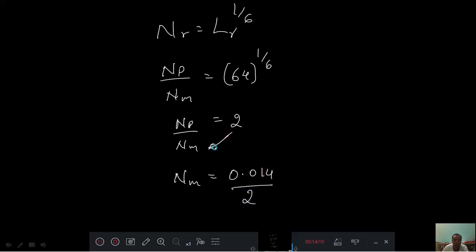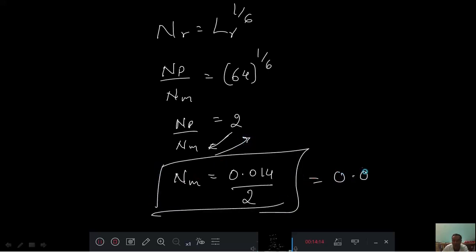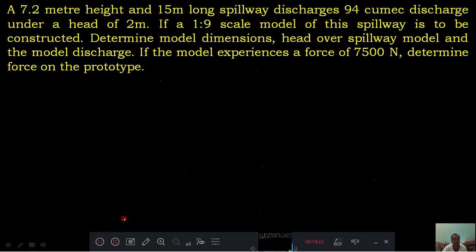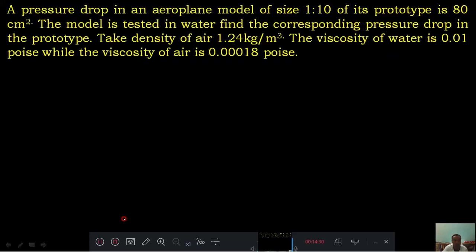This comes here and this comes here. Therefore the answer is 0.007. Okay, problem solved. Now this problem you do it. I have told you everything, how to do the problems and all. This problem you will surely do.